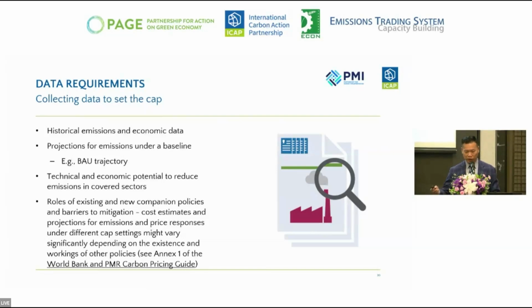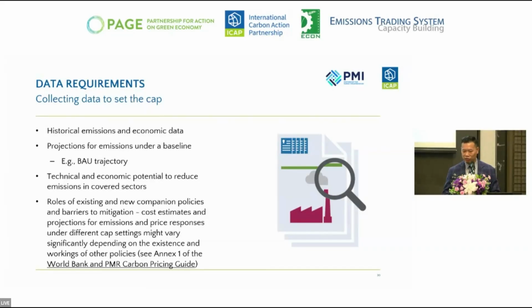And then there should be modeling to project emissions under a baseline. Like our UNIDO colleagues are already doing a lot of modeling research, and there must also be some research under the PMI that will be developed.